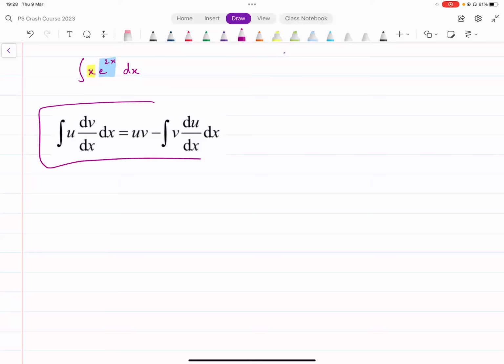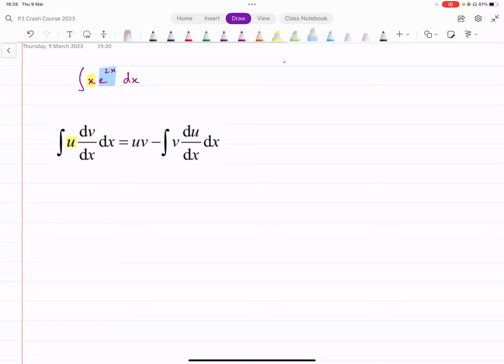In the formula we have u multiplied by dv over dx, and we want to integrate this with respect to x. So these two expressions that we have here, we assume one of them to be u and the other to be dv over dx.